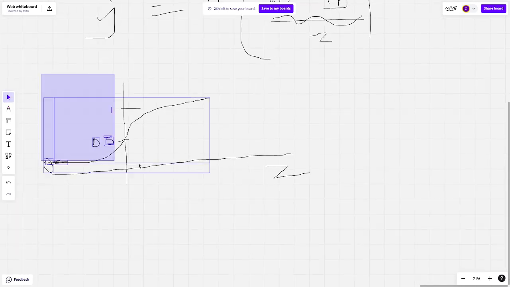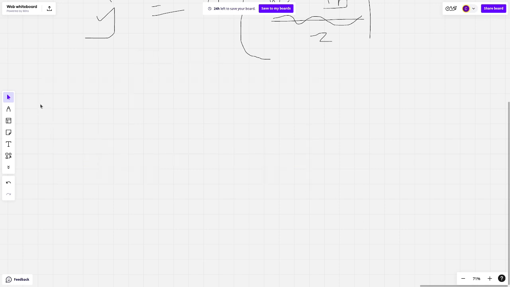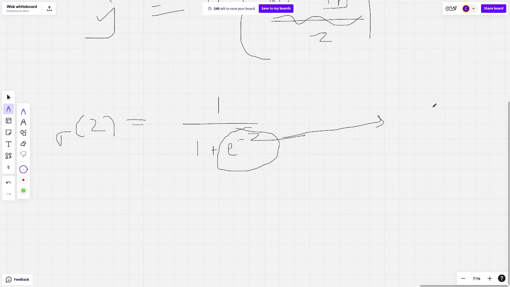We are going to have sigmoid of Z equals 1 upon 1 plus e raised to minus Z. In the first situation, Z is really large, which makes e to the minus Z really close to 0, and the whole thing will be approximately 1 upon 1, which is 1, if Z is large.